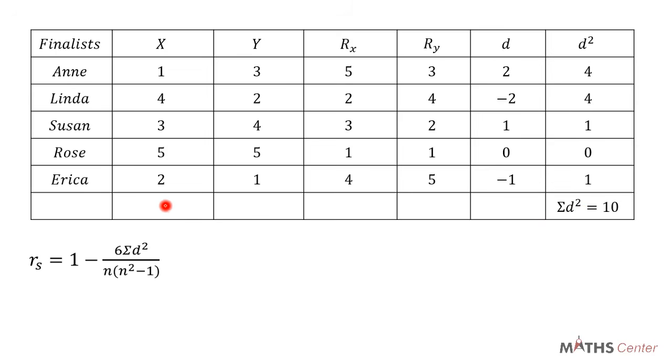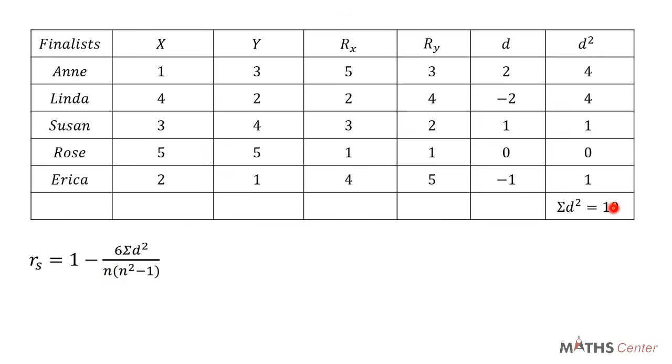The Spearman's rank correlation coefficient is given by the formula Rs is equal to 1 minus 6 sigma D squared divided by N times bracket n squared minus 1. N here will be the number of finalists. Let's count them: 1, 2, 3, 4, 5. We have 5 finalists, so n is 5.